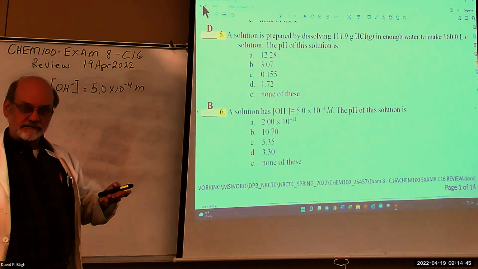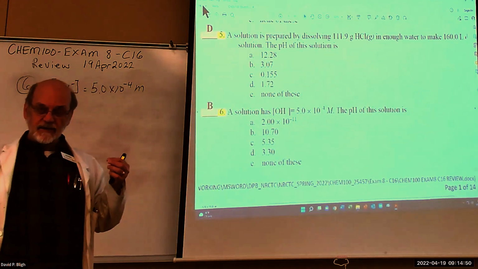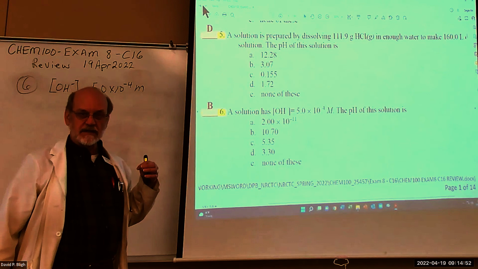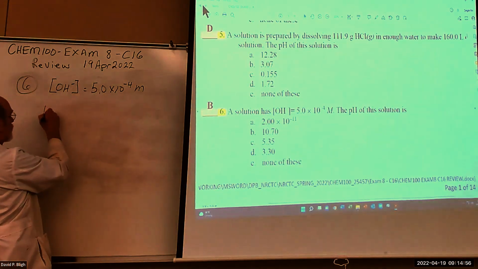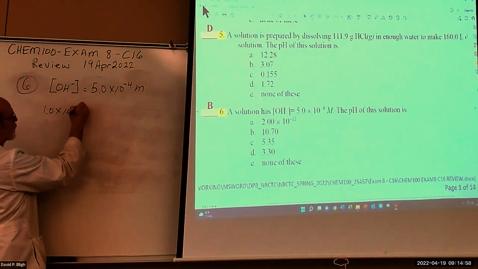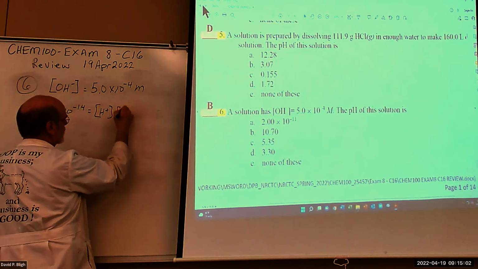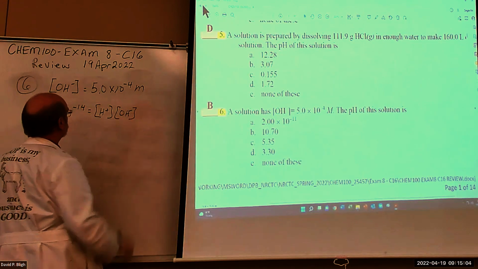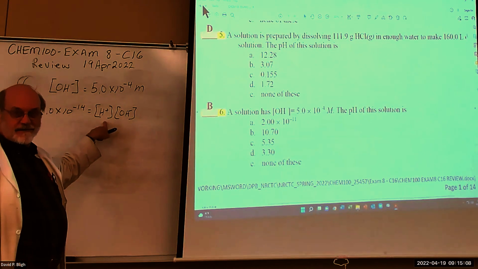You have 2 choices. You can calculate the hydrogen ion concentration using the Kw value. You can say 1 times 10 to the minus 14 equals that times that. Plug this in here and solve for that one, and then do your pH.